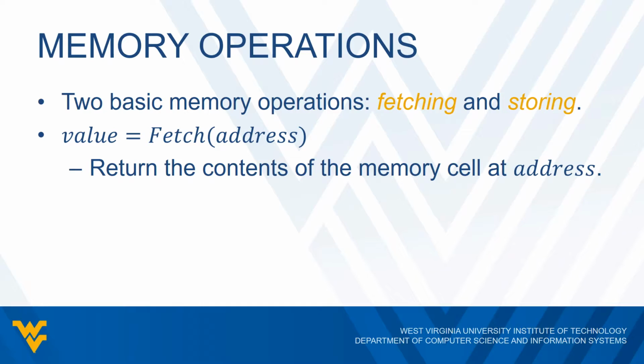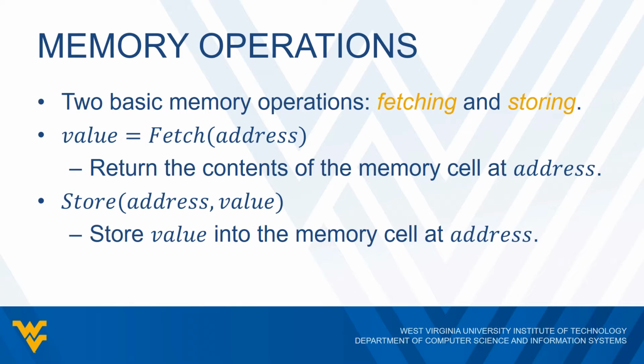The second operation is called store, and the way it's set up is we have the word store, and then in parentheses we have an address and the value. We're going to store the specified value into the memory cell specified by the address.